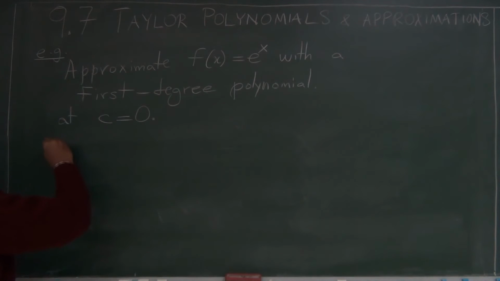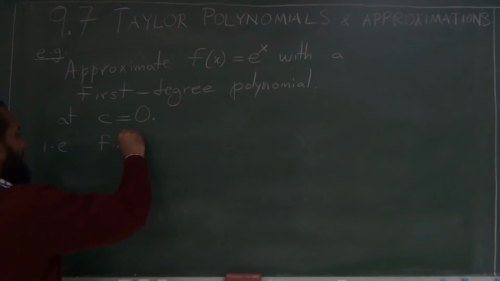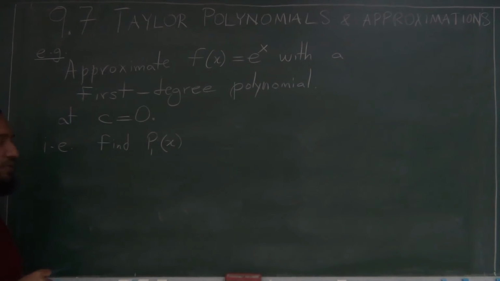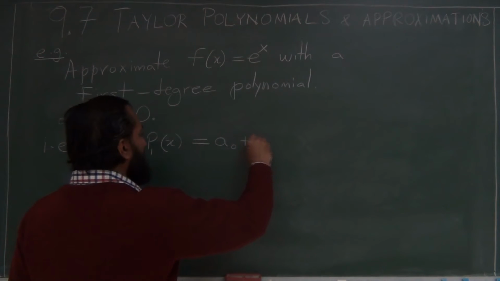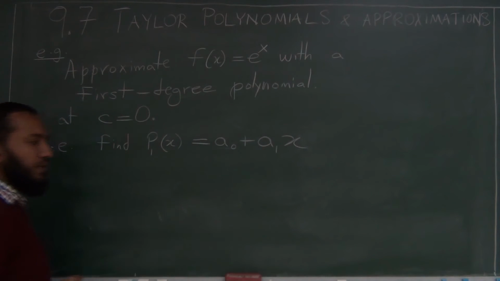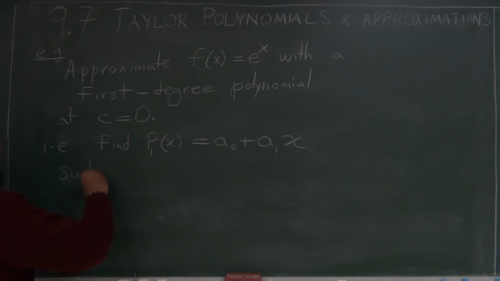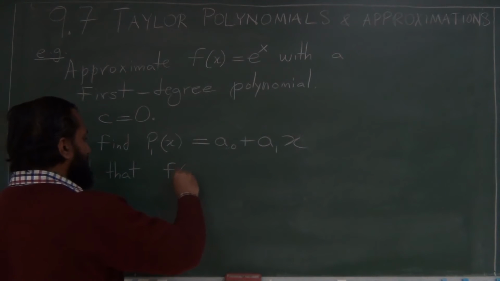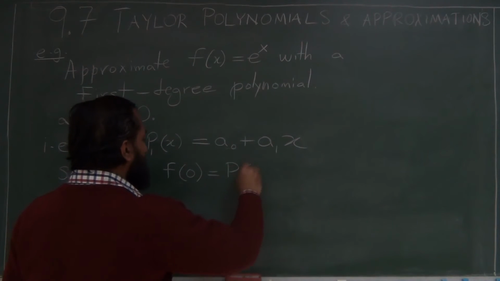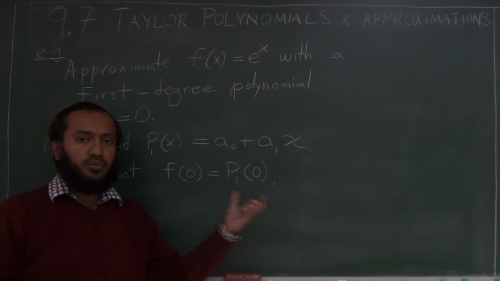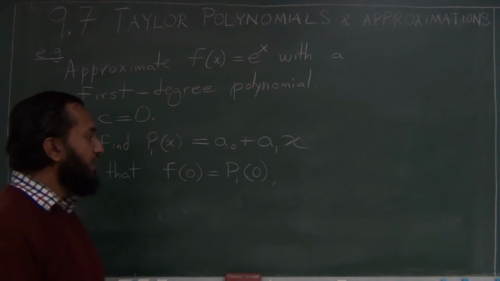What do we mean? In other words, find p of x, let's call it first degree, I will put a subscript 1 here, equals a naught plus a1x, right? This is the general formula of a first degree polynomial, such that f of 0 equals p1 of 0, and we also said let's make the slopes of the two functions equal, the approximating function slope equal to the original function.